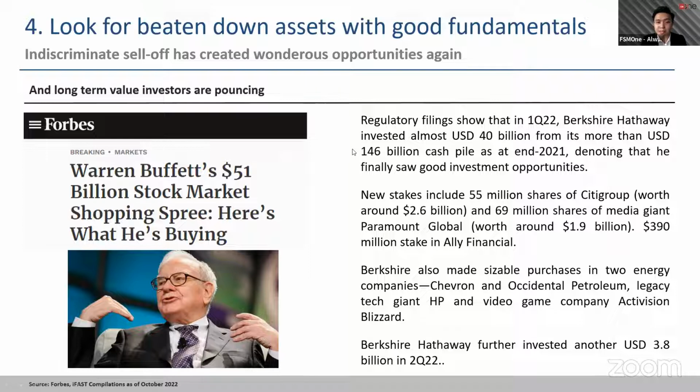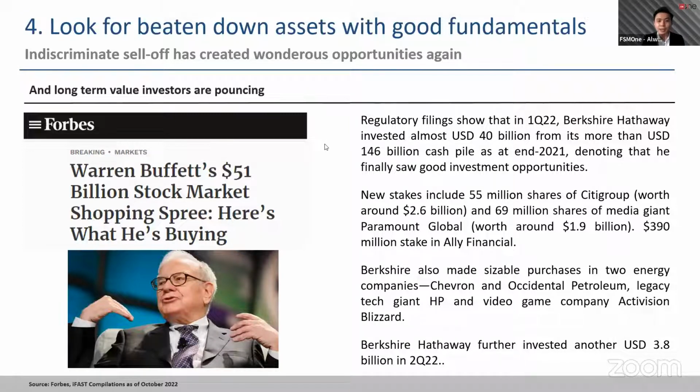And also, he has added a lot of stakes in Citigroup, Paramount Global, and Ally Financial. He also added two sizable purchases in energy companies such as Chevron and Occidental Petroleum. Furthermore, in the second quarter, he invested another 3.8 billion US dollars, mainly in these two energy companies, Chevron and Occidental Petroleum.